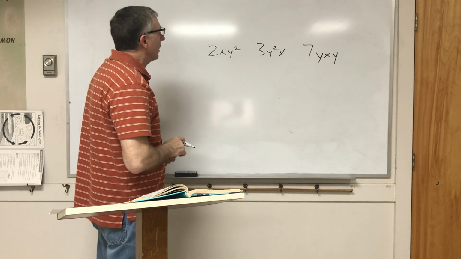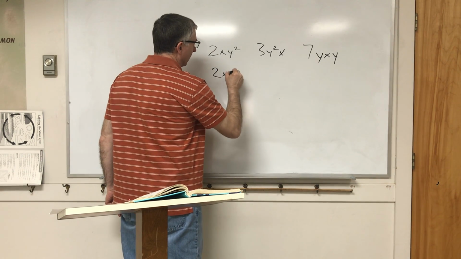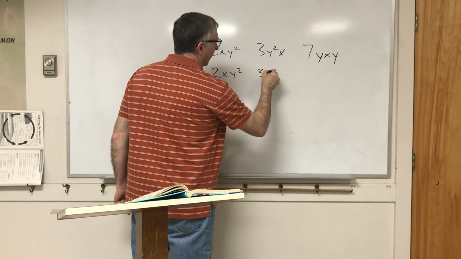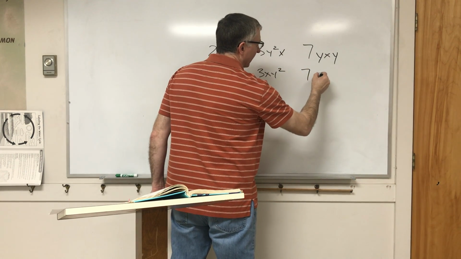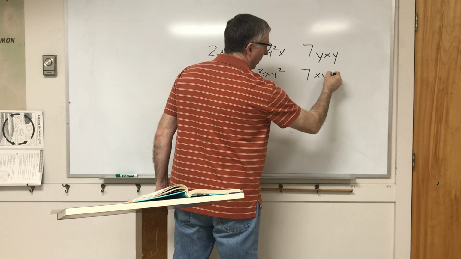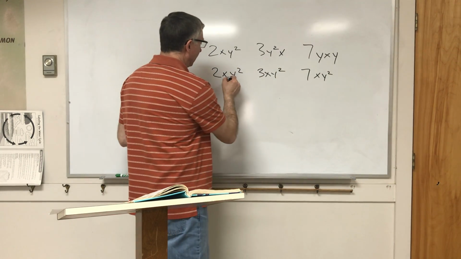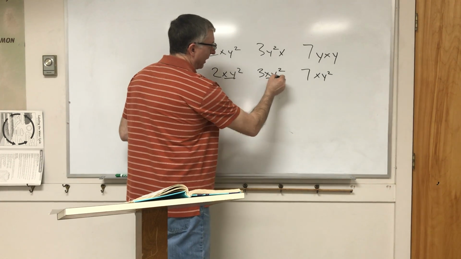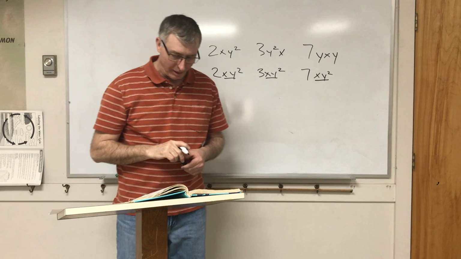Okay, so let's arrange them all in alphabetical order. So 2xy squared, 3xy squared, and then over here we have x, and then y times y is y squared. And so are my letters exactly the same? So xy squared, xy squared, xy squared. Yes, those are all like terms.